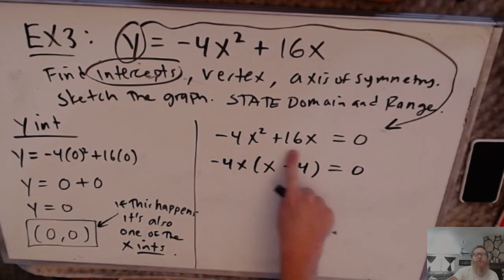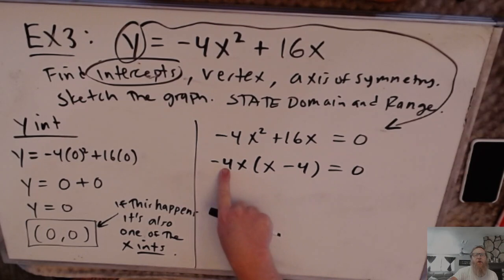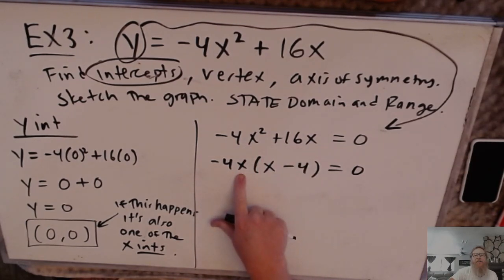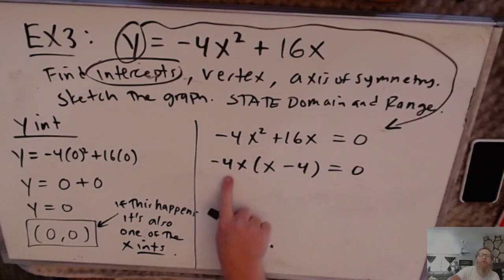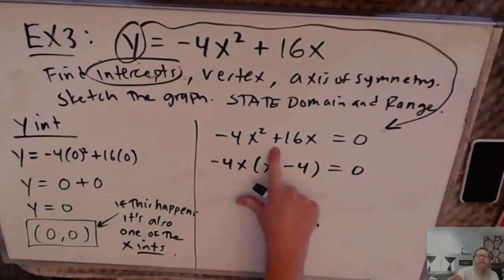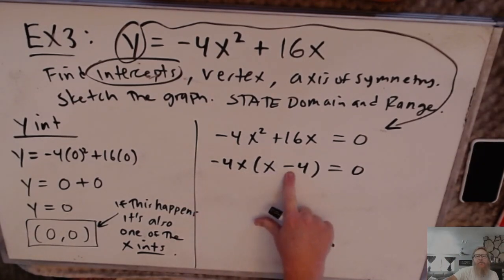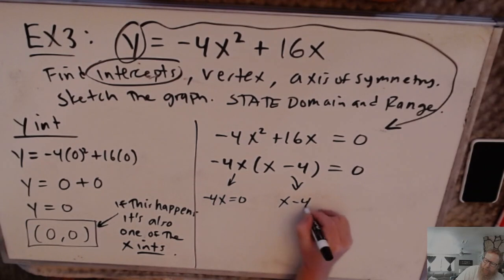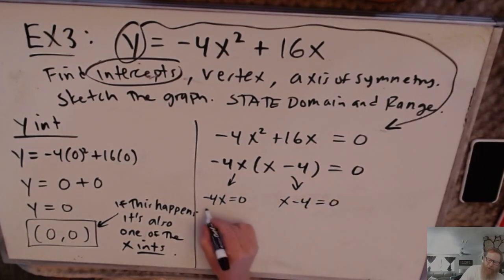Notice both of these terms are divisible by -4, and they both contain a factor of x. So you can easily remove a -4x. Be careful when you remove a negative from a positive 16. This turns into a -4. So you're going to split this up, and you're going to solve both sides of this.